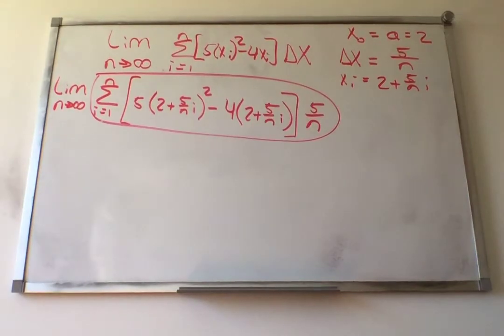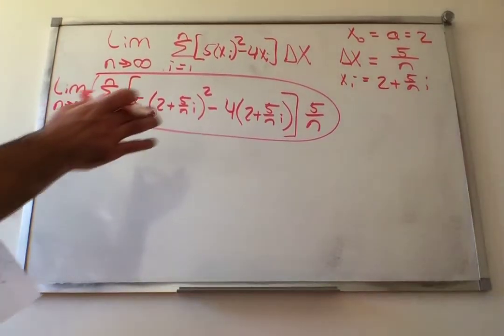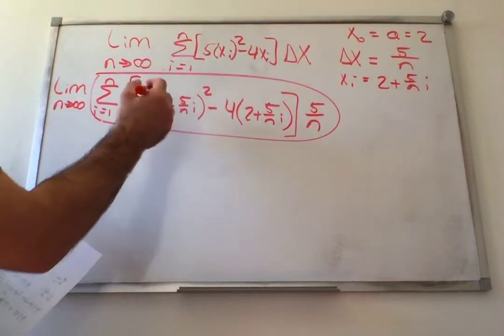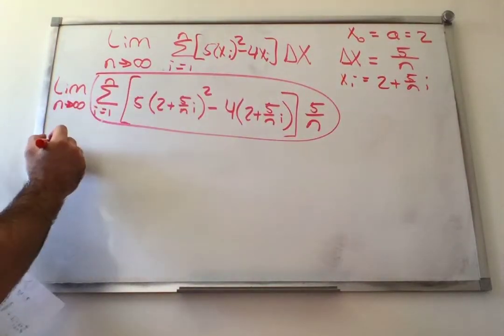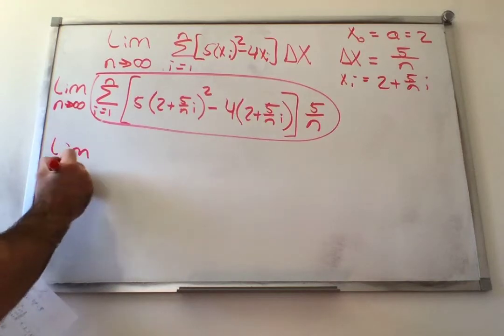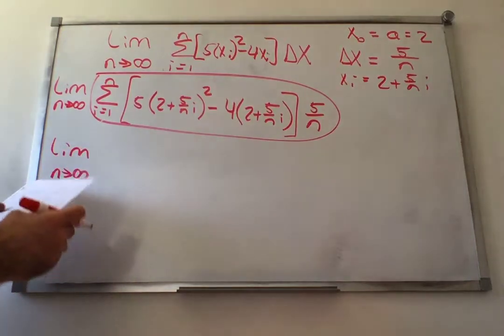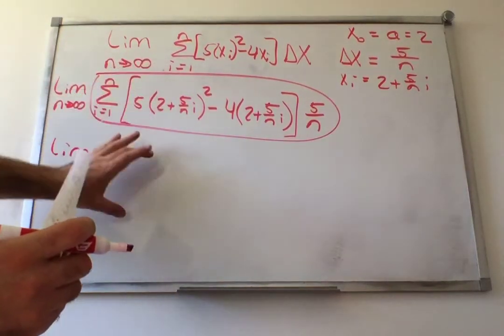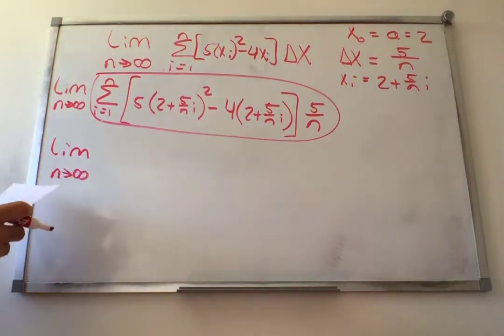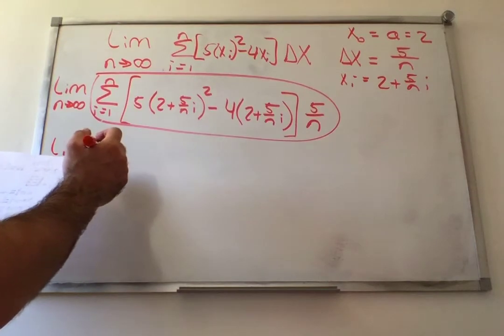Instead, I'm going to give you what this looks like when you square this out, distribute everything, and put together all of your like terms. You get the limit as n goes to infinity. If you want to work out the details of going from here to what I'm about to put on, go ahead. It's a good exercise.